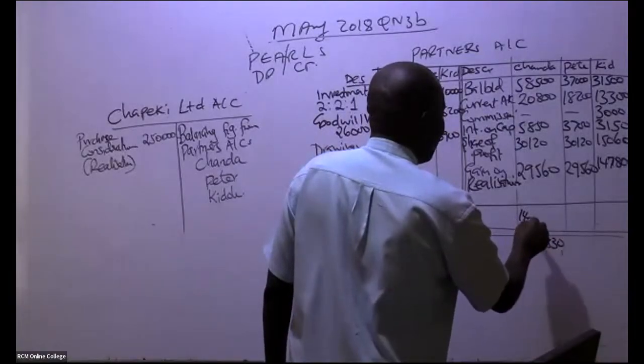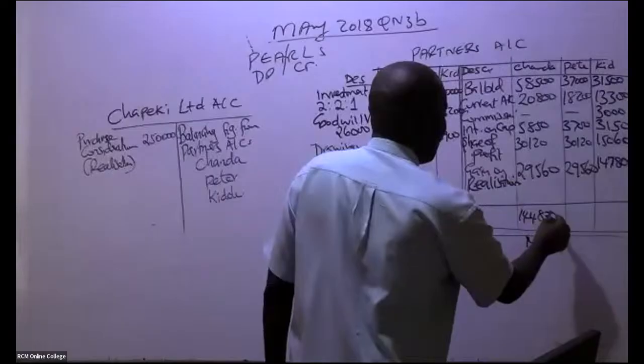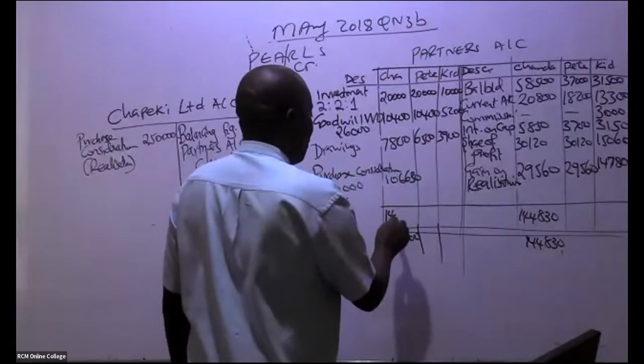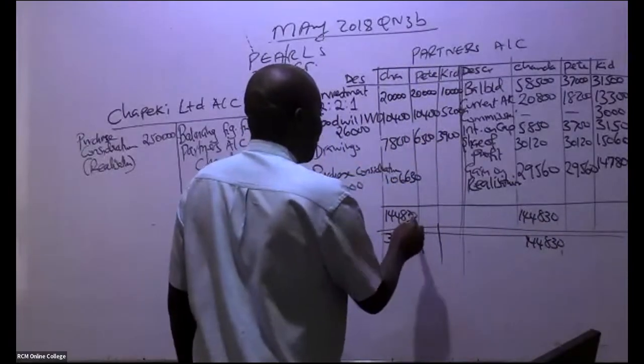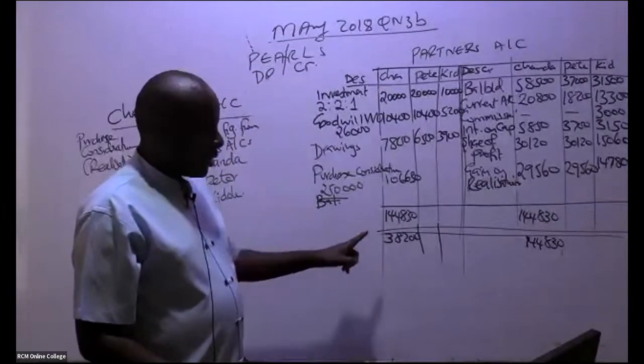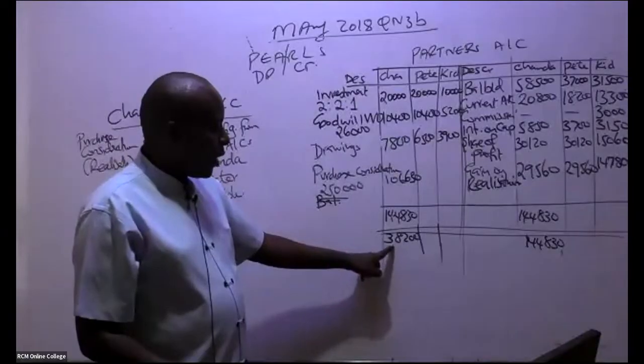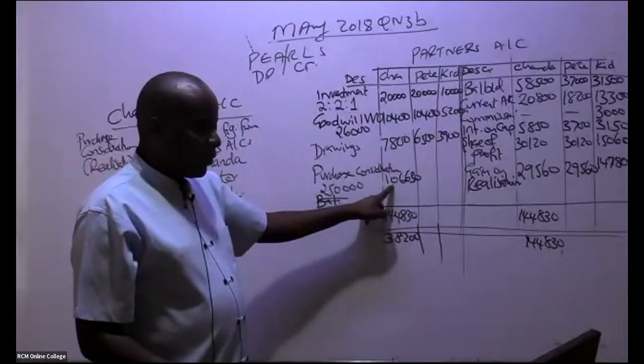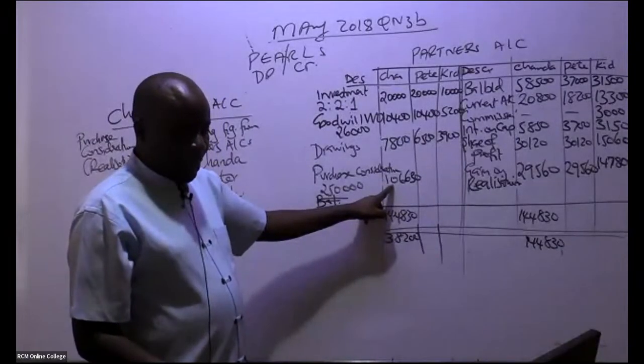So this 144,830 is bigger. So you subtract: you take this minus 38,200. Will we get this balancing figure? Yeah, thank you so much.